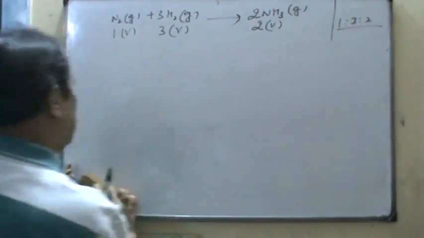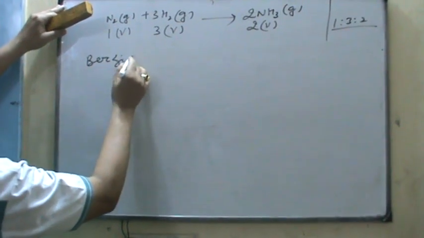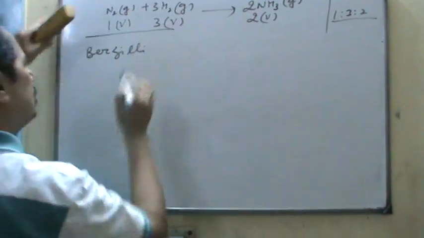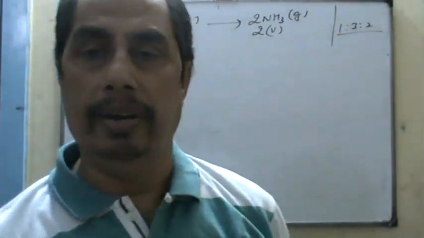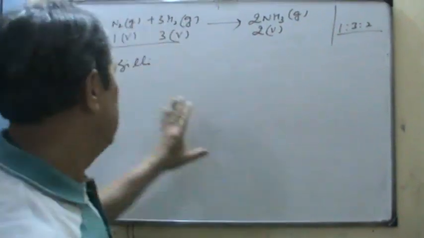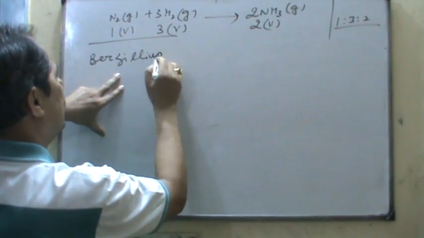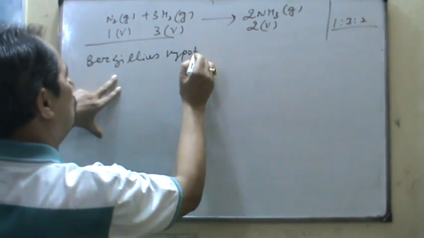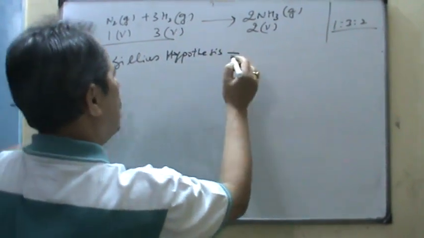And then next is Berzelius. All the laws of chemical combination are over. Now, in addition to that, we'll discuss some other part in terms of Berzelius hypothesis. What is Berzelius hypothesis?